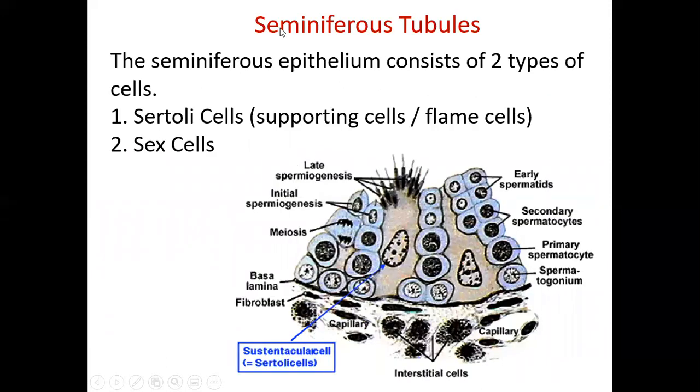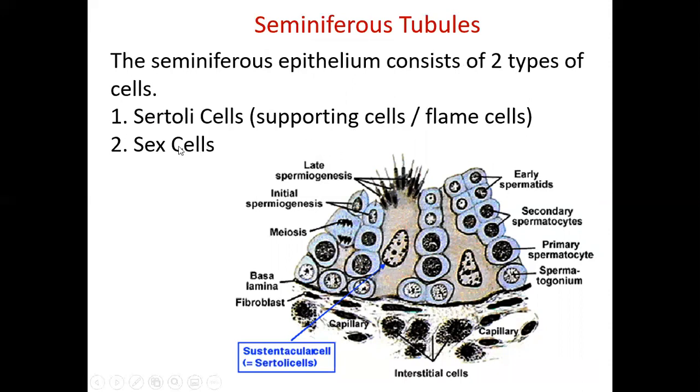The seminiferous tubule, or the seminiferous epithelium, consists of two types of cells. You have to remember this. We have the Sertoli cell, which is a supporting cell.